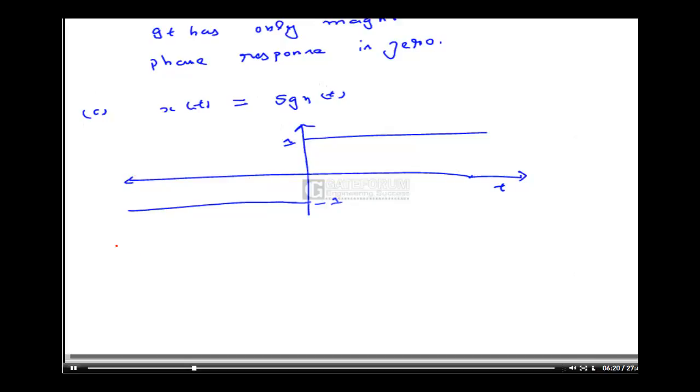So I can write signum t as 1 for t greater than or equal to 0, and minus 1 for t less than 0. This is signum function.